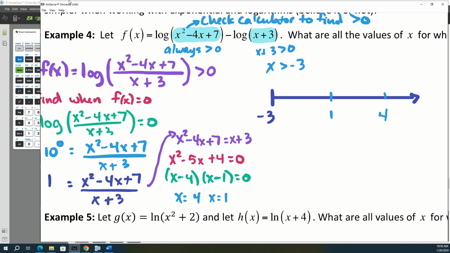Okay, so as long as those numbers are greater than -3, which they are, we would label them on the number line. And then we're going to test a point in each region.